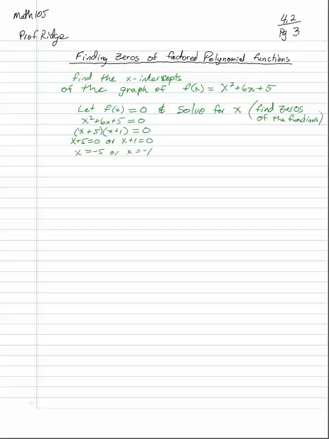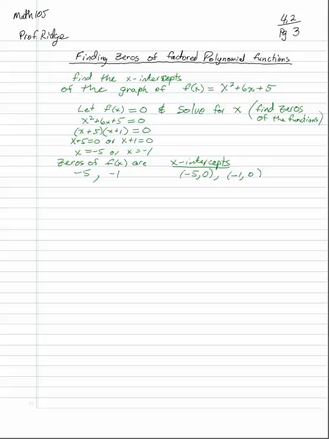Okay, so the zeros of the function are negative 5 and negative 1. Now the x-intercepts of the graph are (negative 5, 0) and (negative 1, 0).